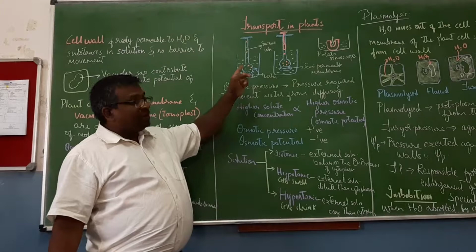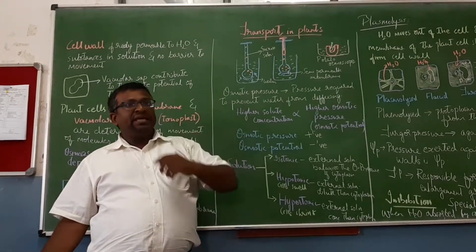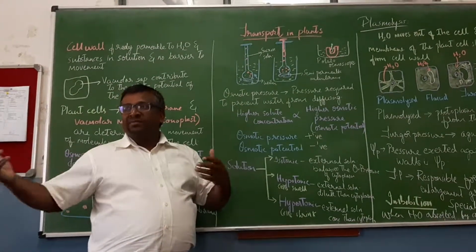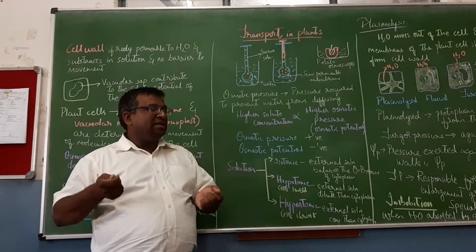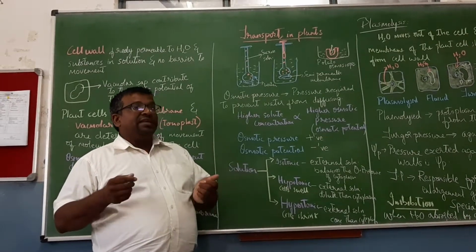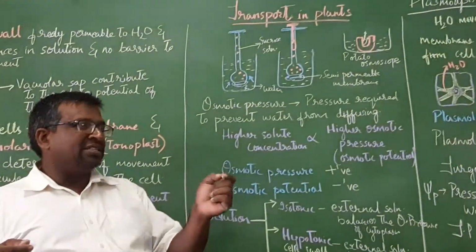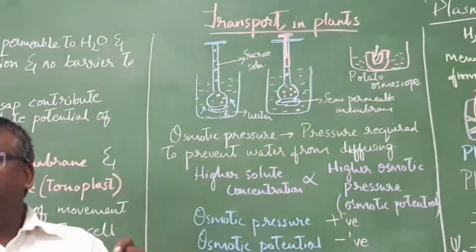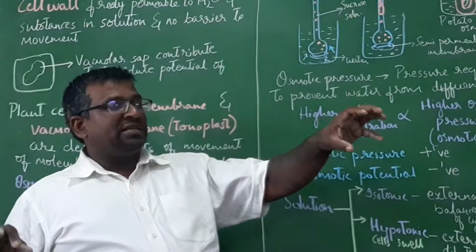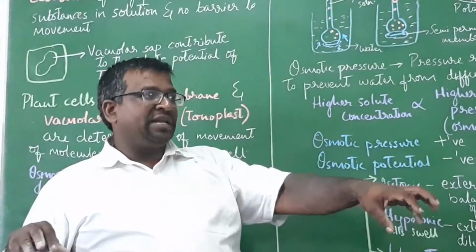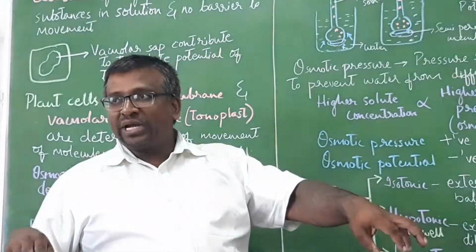Only thing is the membrane they have chosen can be the goat bladder's membrane, or they have taken an egg, removed the contents of the egg, that is yolk and albumin, and they have dissolved the egg shell by keeping it in hydrochloric acid.